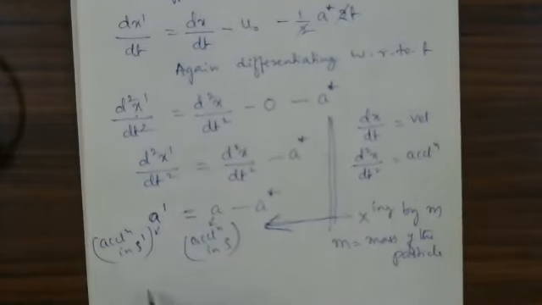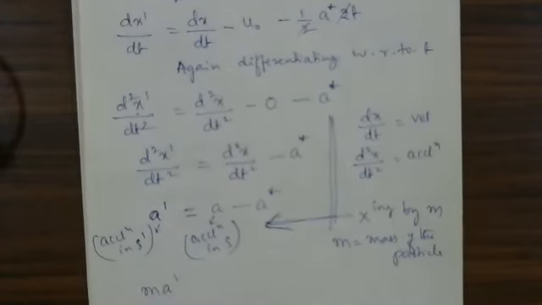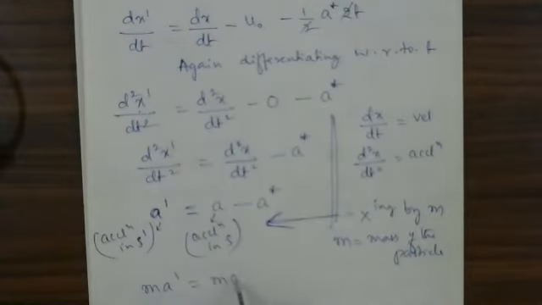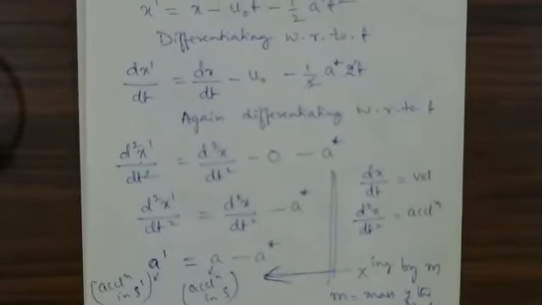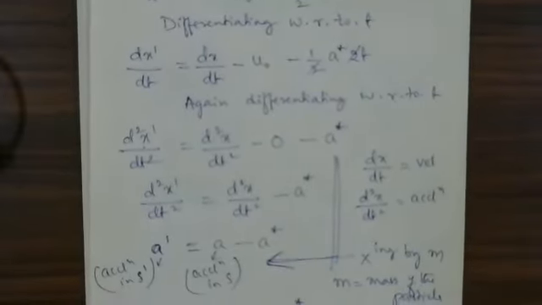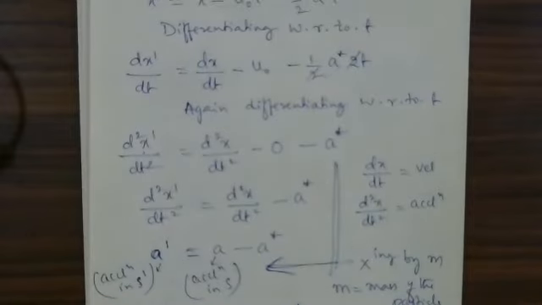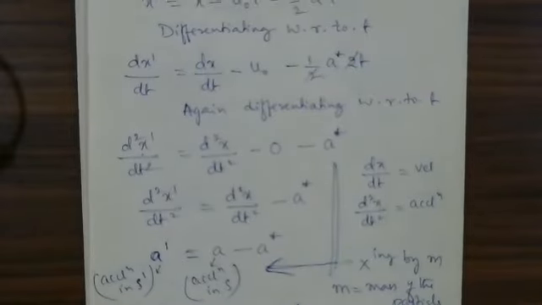So if you multiply here, you will get m a dash is equal to m a minus m a star. Is it right? Understood? See that? Any doubt is there? You can ask.